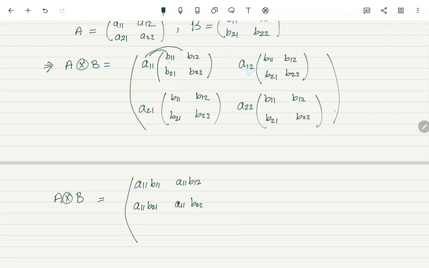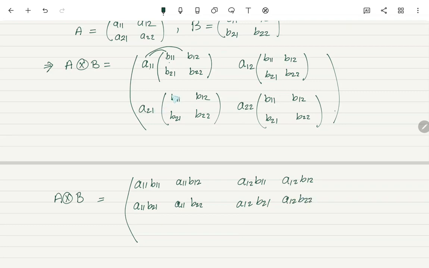Same thing here, A12 should be multiplied by each element of matrix B, so A12 B11, A12 B12, A12 B21, A12 B22.